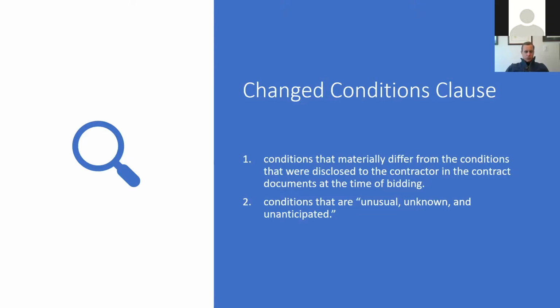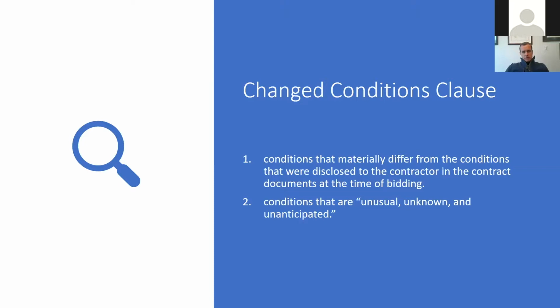The drawings don't indicate that the wall that needs to be removed is a load-bearing partition, and the contractor goes out and discovers it's a load-bearing partition. That would be the type of scenario where, if there was a change condition clause, the owner would have to compensate the contractor for that work.